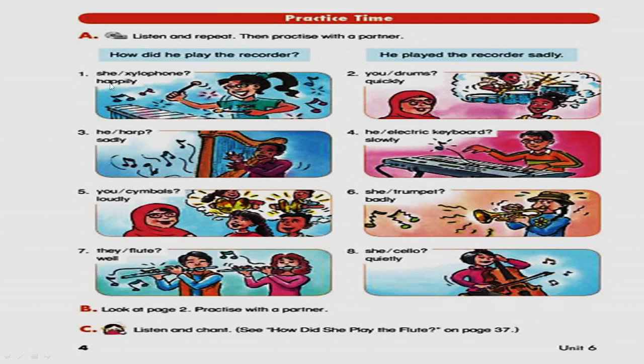So the question is, how did she, instead of he here, play the xylophone, not the recorder. Let's follow the same structure for answering. She, instead of he again, played the xylophone, and the adverb here is happily.